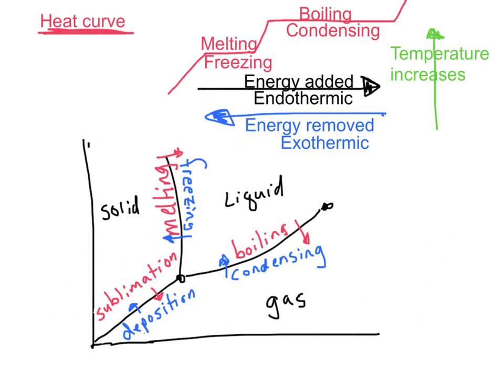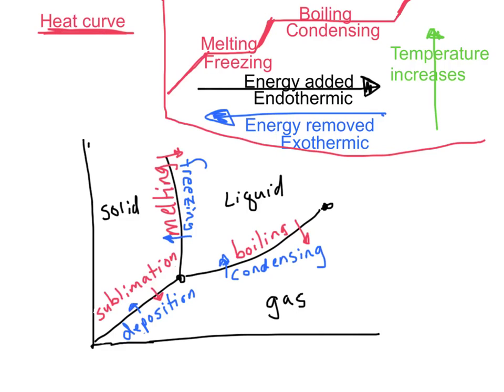Okay, we've got 2 basic heat curves that we're worried about, but from both of them we can understand a bunch of things. The one at the top of the chart here basically takes us from a solid right here, heating a solid, melting or freezing the solid to a liquid. The liquid is right here on this area, and then boiling or condensing, and then gases up here at the far right.